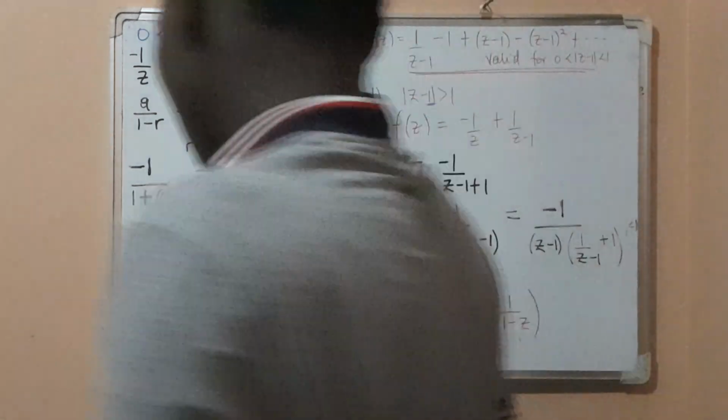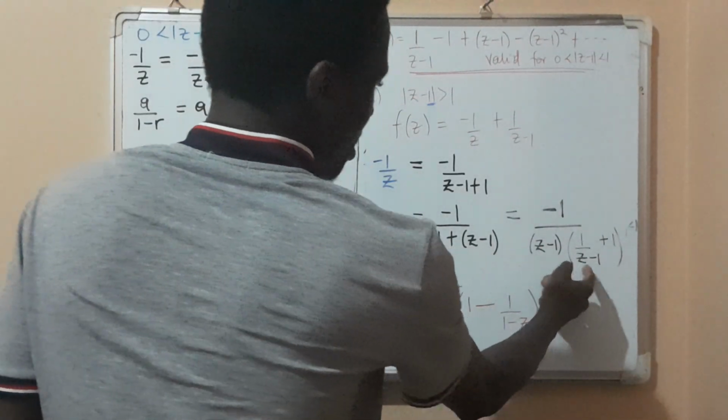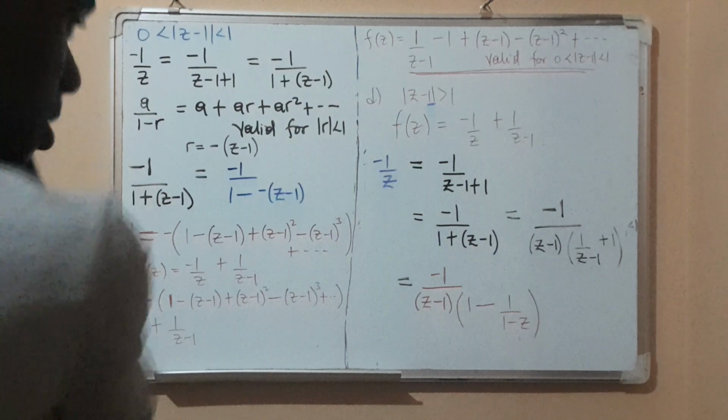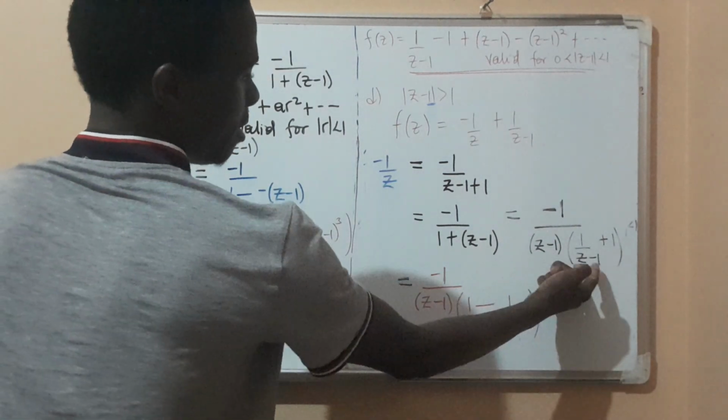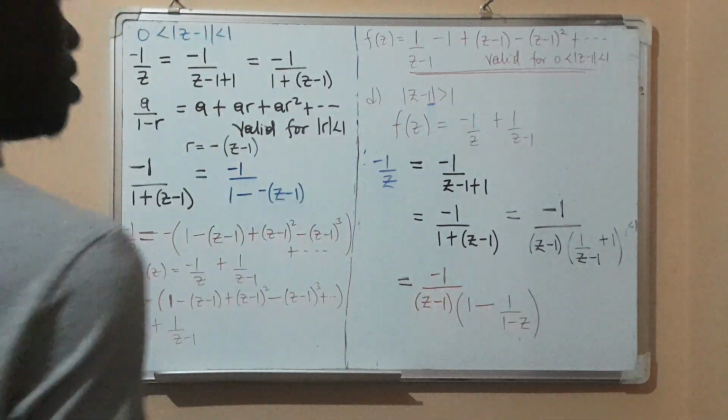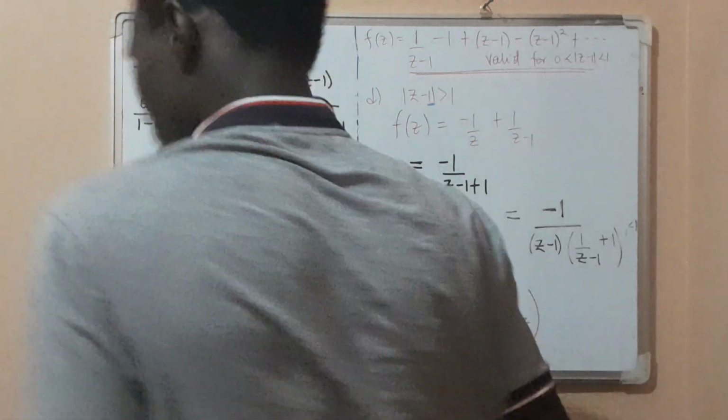That's what I have. I'm putting the negative outside, so we shall have 1 minus z if I put a negative outside.